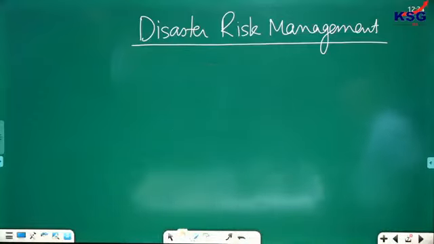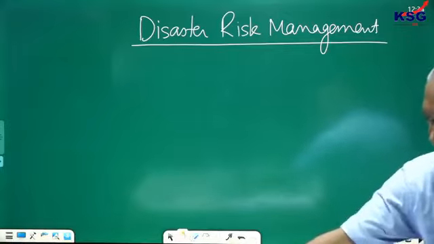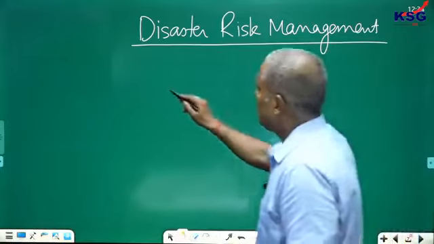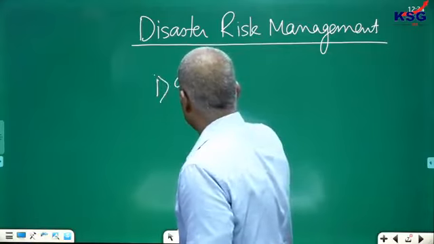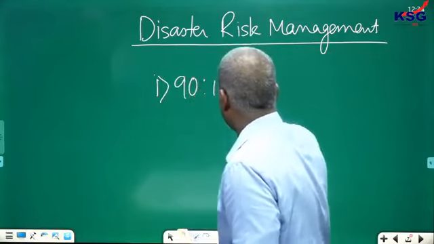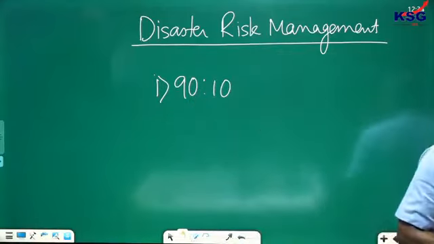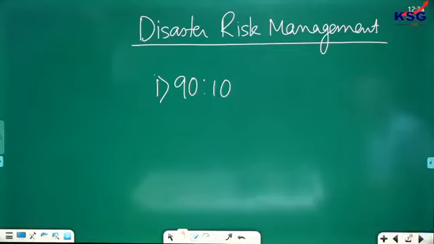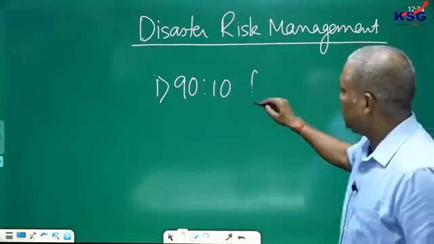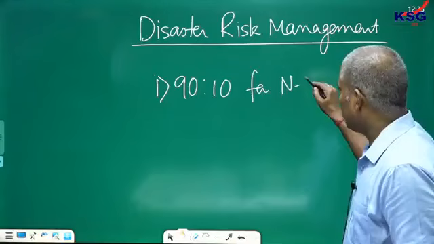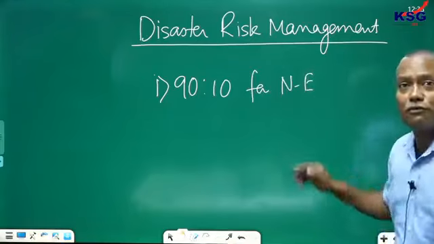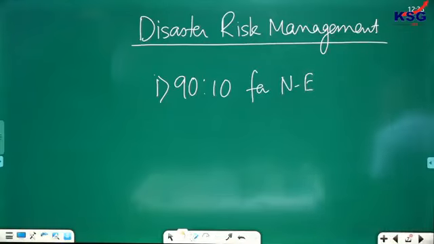Right. What you have written? The cost sharing pattern between center and states is, first you write 90:10 for Northeast and Himalayan states. I am writing the short form, you write in the full form.